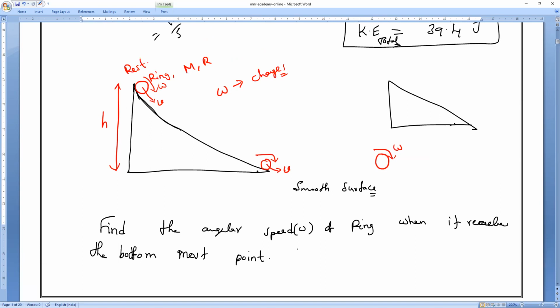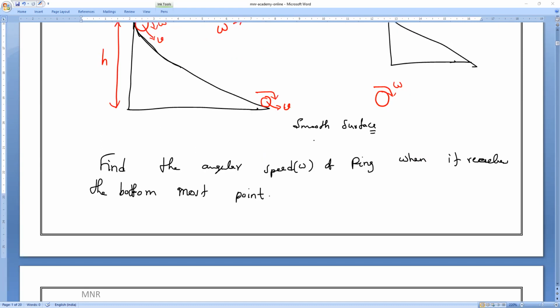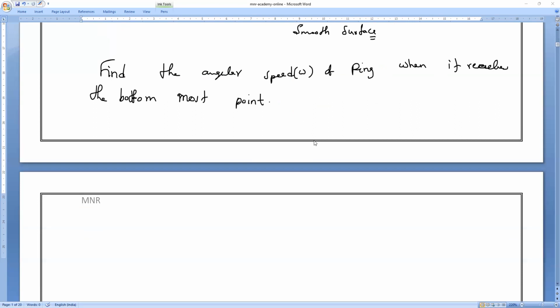Bottommost point. That is what we have to do. So let's start now. I will teach you all. It's time to learn. Remember, these concepts are extremely important for NEET and JEE. Whatever stream you go, there is no question paper without questions from rolling motion. That much importance it has in NEET and JEE preparations.